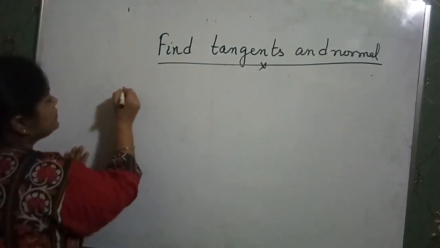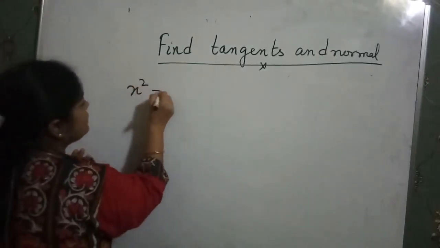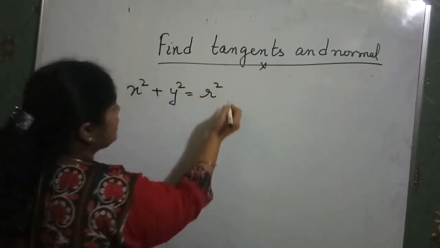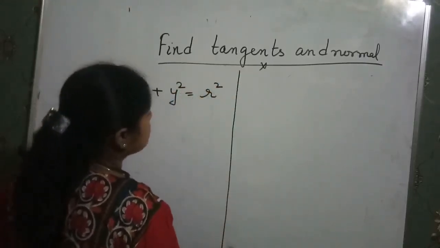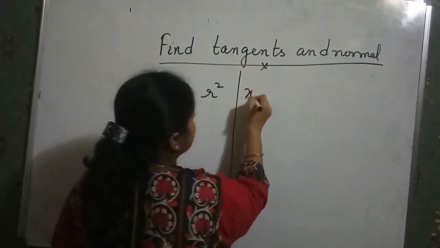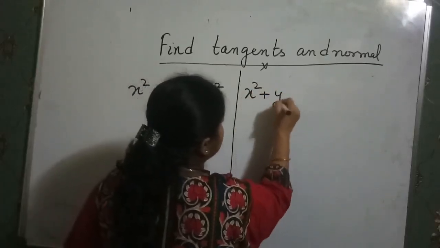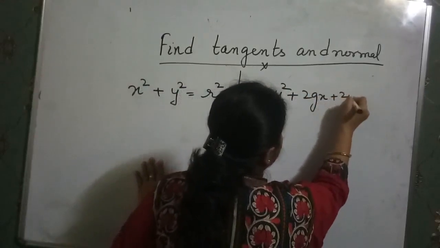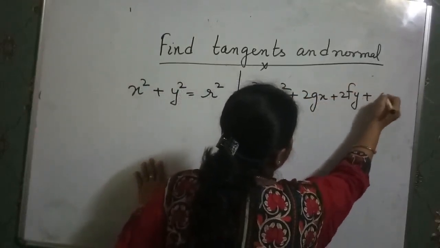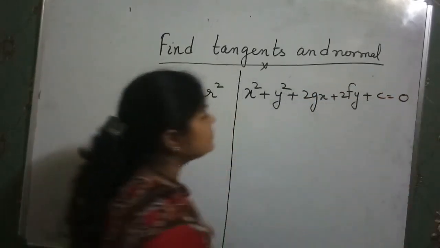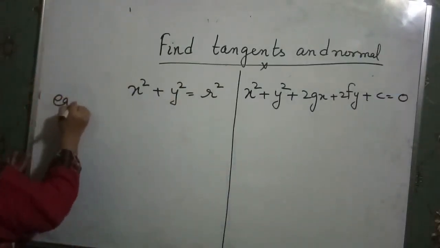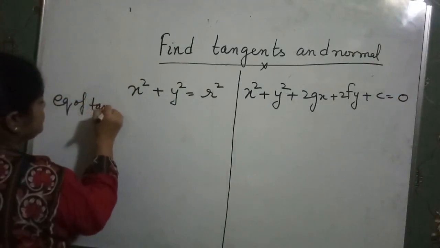Now we know the equations of circle are generally x square plus y square is equal to r square, and another form of the circle we have x square plus y square plus 2gx plus 2fy plus c is equal to 0. If we have to find the equation of tangent, clear?